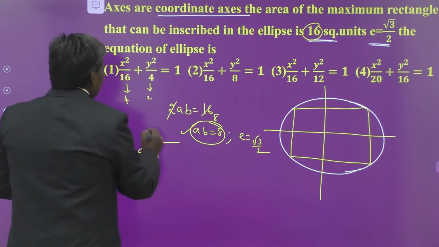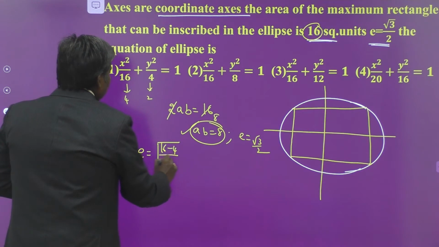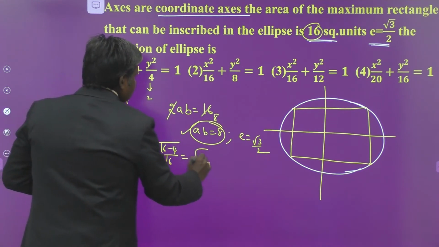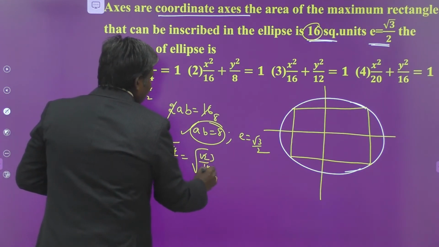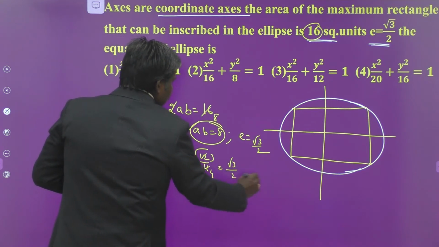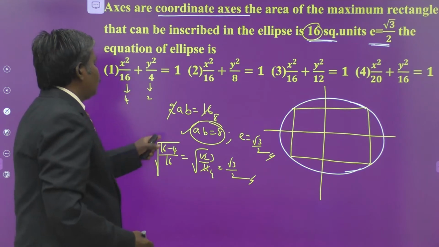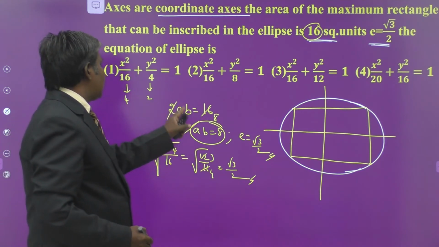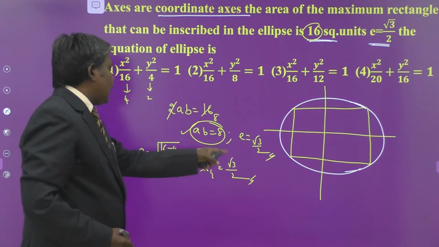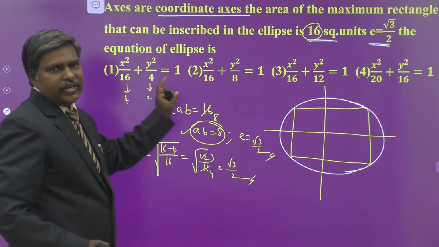Eccentricity e is equal to root of 16 minus 4 by 16. It is nothing but root 12 by 16, 4 threes are 12, 4 fours are 16. So your answer is root 3 by 2. So root 3 by 2 also matches here. The maximum area condition is satisfied, and root 3 by 2 is also satisfied.